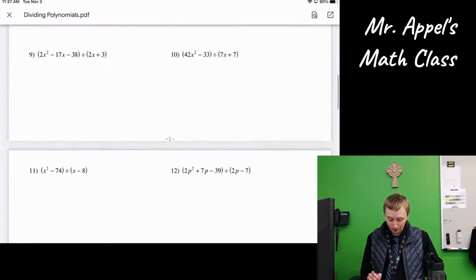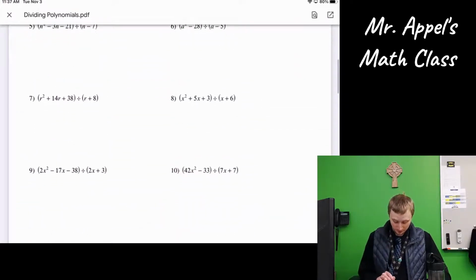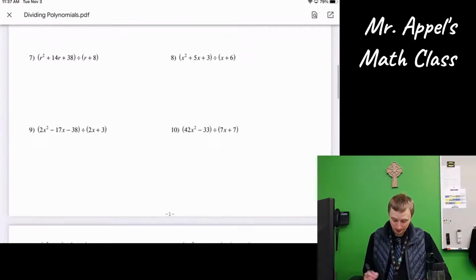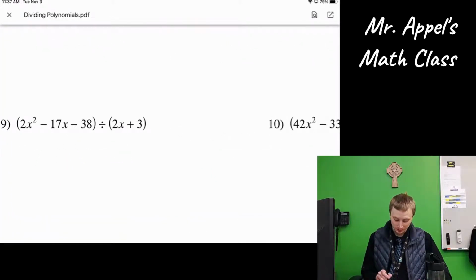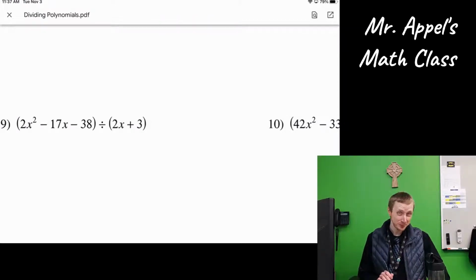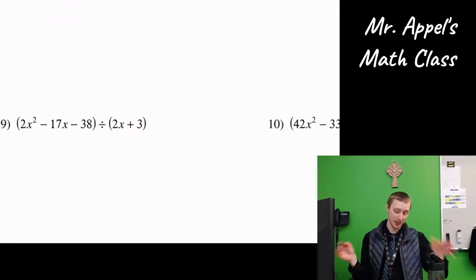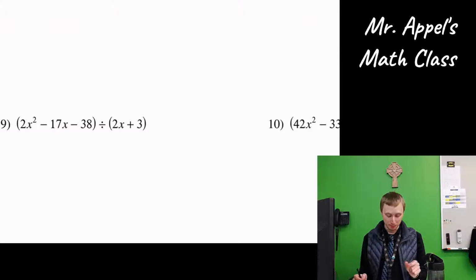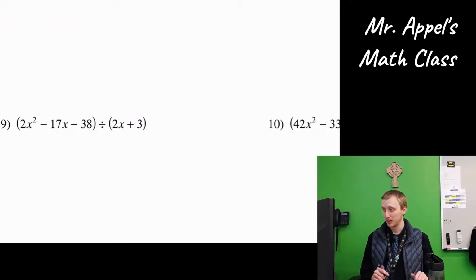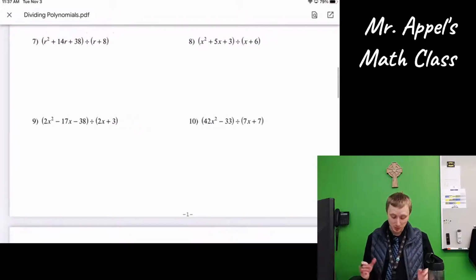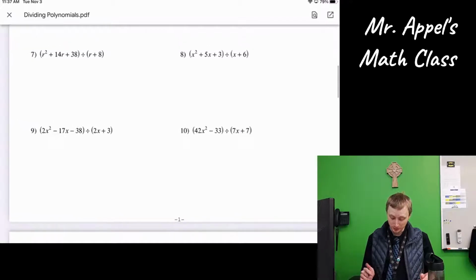Remember, if your first term is not a 1, your coefficient on the variable in the divisor is not a 1, you need to divide that out, and not just the divisor, but also the dividend, the whole thing. Everything gets divided by 2. Both polynomials need to be divided by 2 before you can perform a synthetic division. Or you can leave it in and just do long division. Your choice.